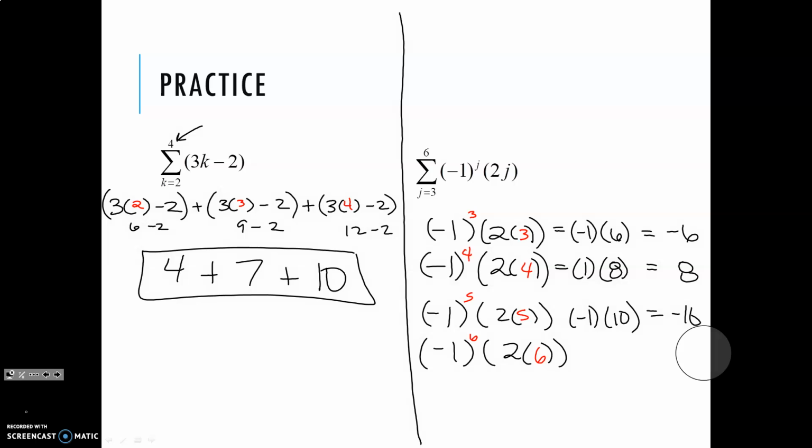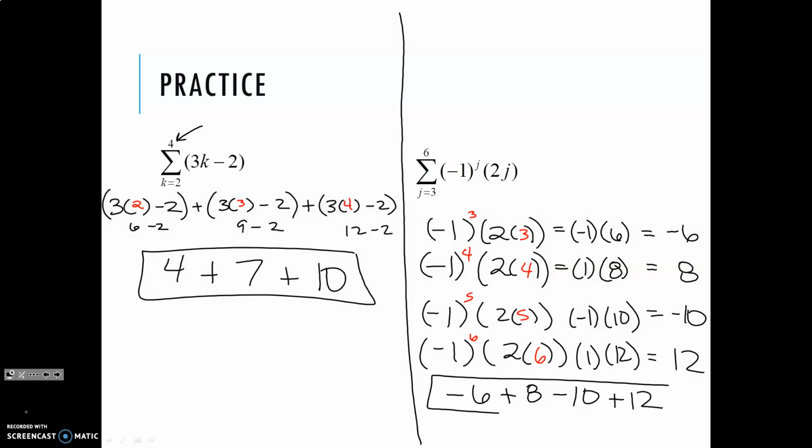Sorry about that, that gives me a -10. And then again, last one, even, so it gets rid of it. Gives me +12. It works to show your work like this. Just make sure that for your final answer, you write them out in a number sentence. So -6 plus 8 minus 10 plus 12. And that would be your final answer for that one there.